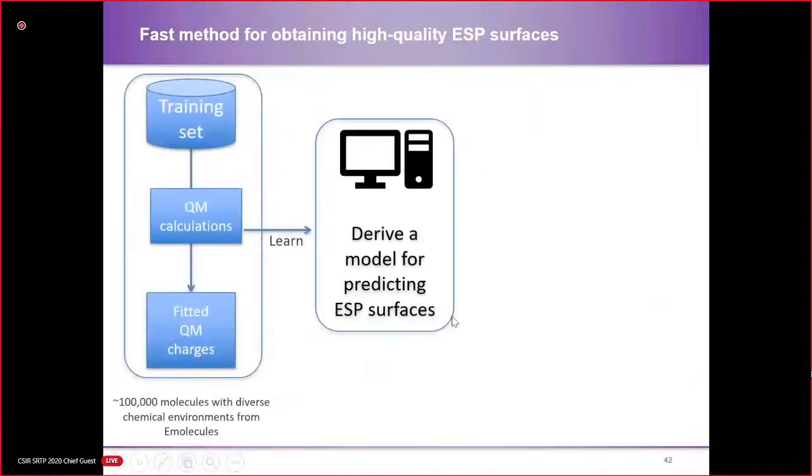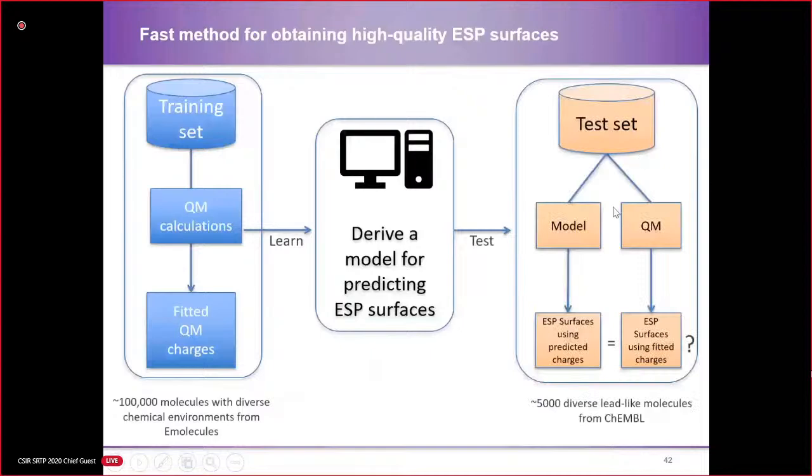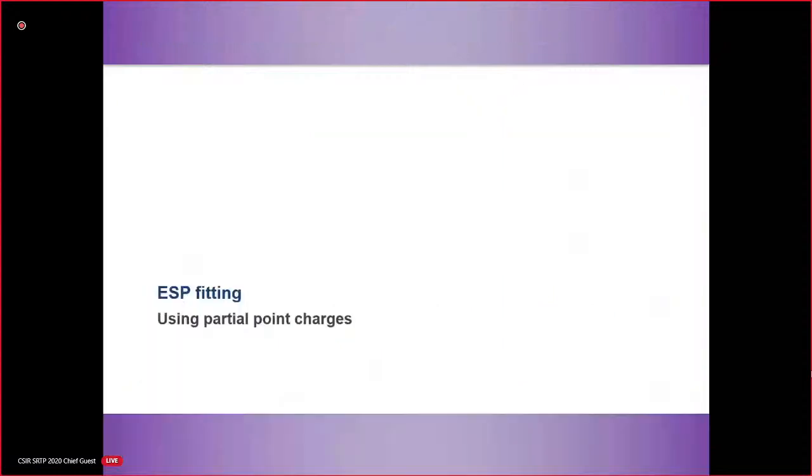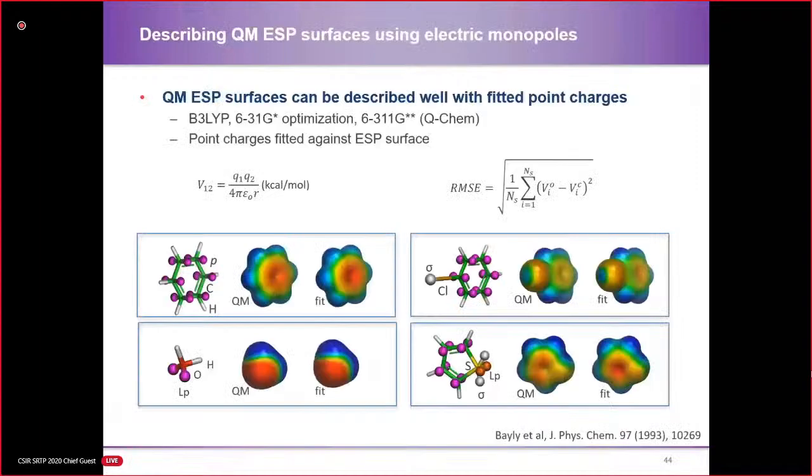And then you derive a model, and then you test how it performs. So this model can predict surfaces for new molecules, which were not part of the training set. And then you compare how good they are against the surfaces derived from a slow calculation.